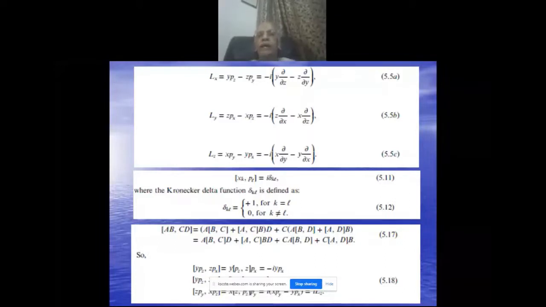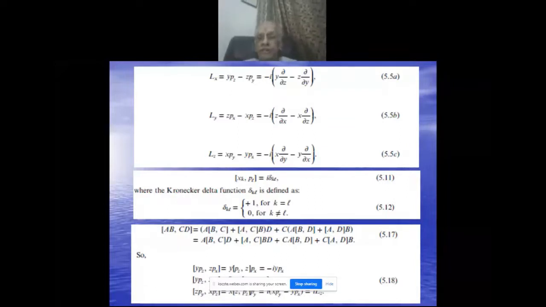Now, angular momentum, Lx, Ly, Lz: if you look at Lx, it is y pz minus z py. Supposing I take a commutation relation between Lx and Ly, then I have to take the commutation relation of y pz minus z py with z px minus x pz. So Lx comma Ly is this product.